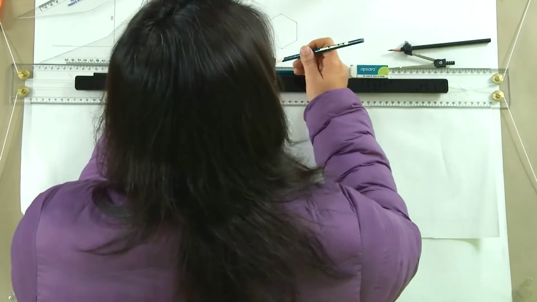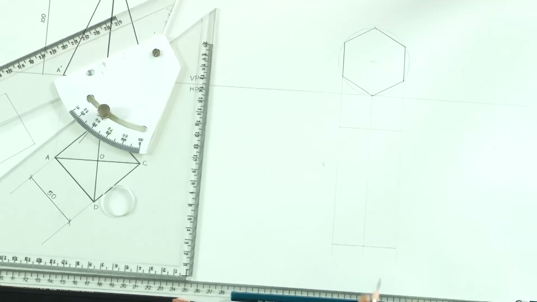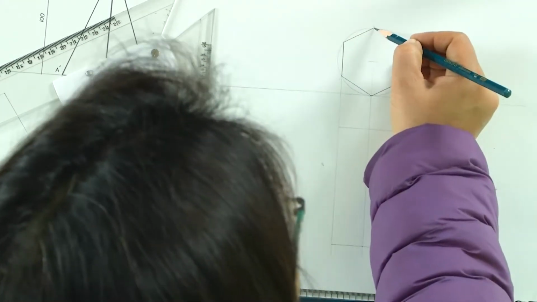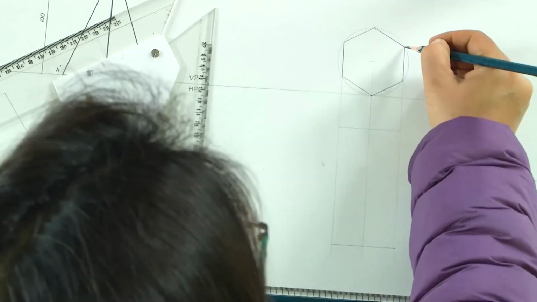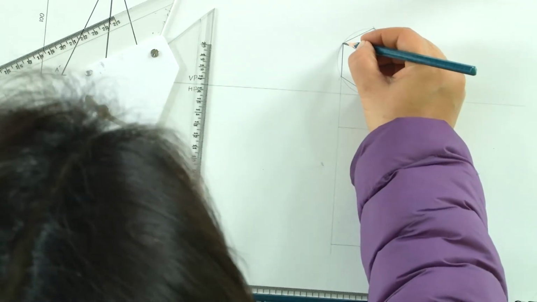And what we have is a prism of 10 centimeters height. This is what we see from the top. What we see is an edge here, an edge here, and an edge here.